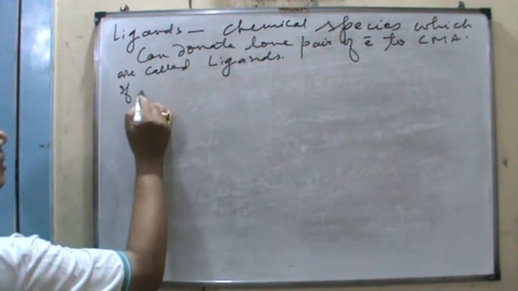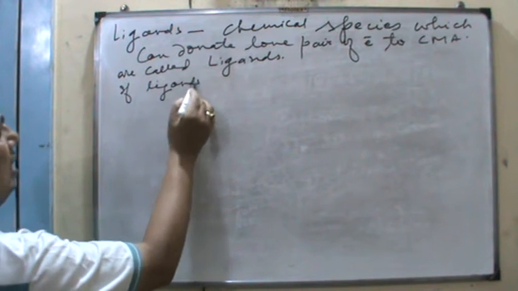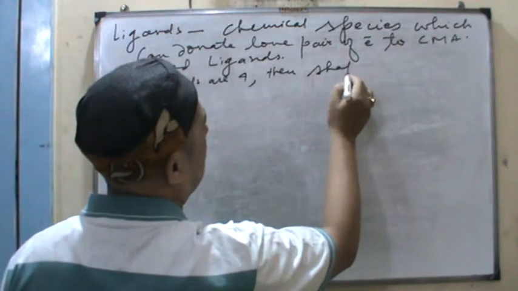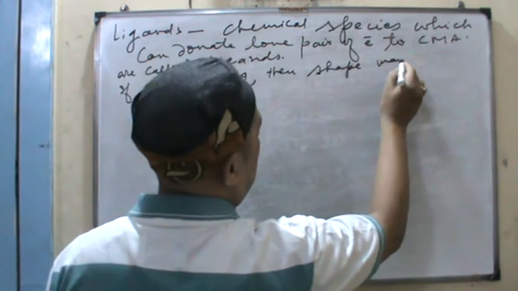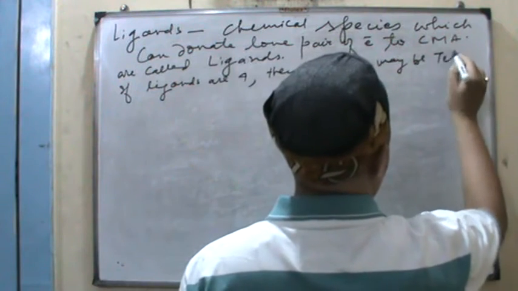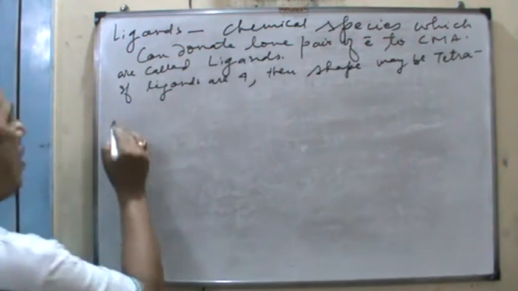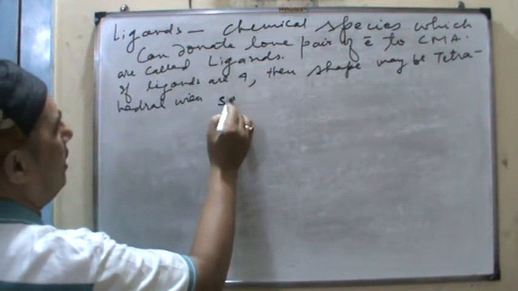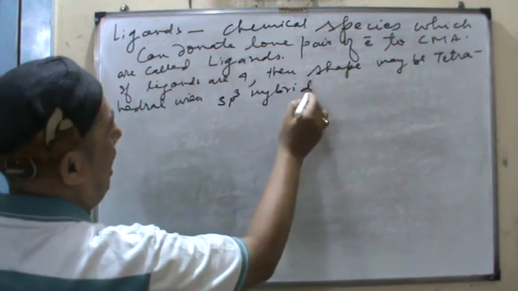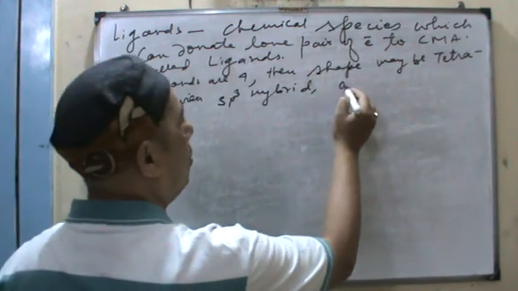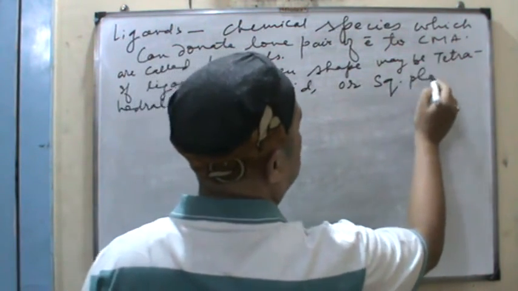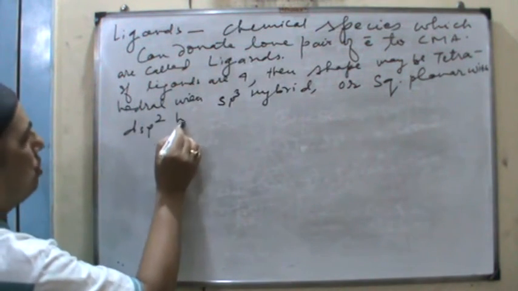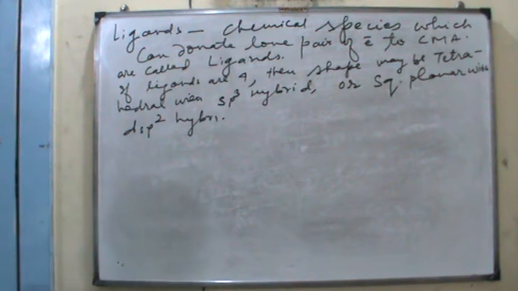If ligands are 4, then shape may be tetrahedral with sp3 hybridization, or a square planar with dsp2 hybridization.